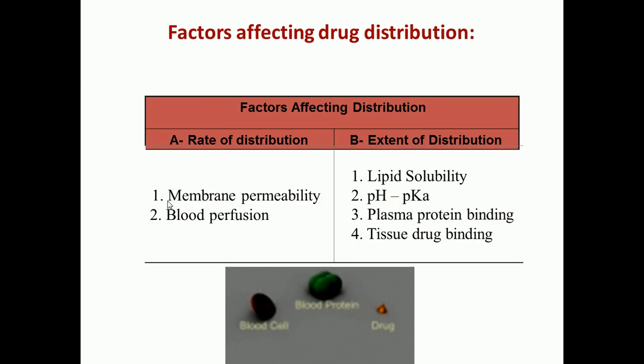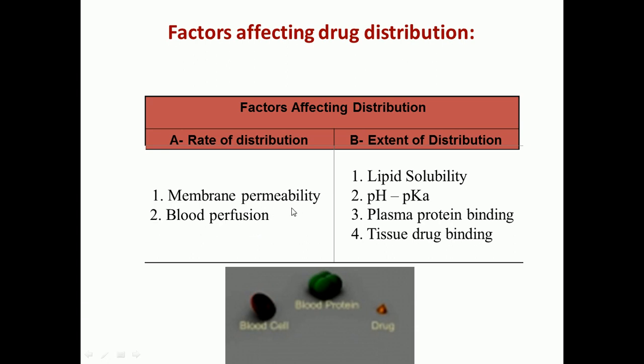There are two types of factors. One affects the rate of distribution, the other affects the extent of distribution. The rate of distribution is how fast the distribution will occur. For example, if at this moment the drug is present in the blood, how fast the drug will be distributed to a specific organ depends on membrane permeability and blood perfusion.